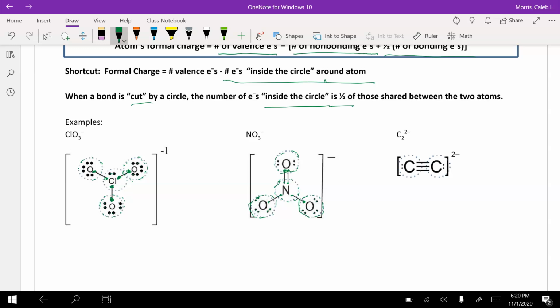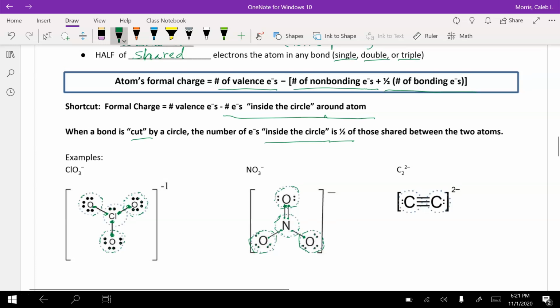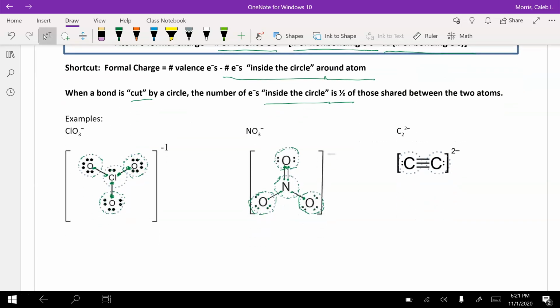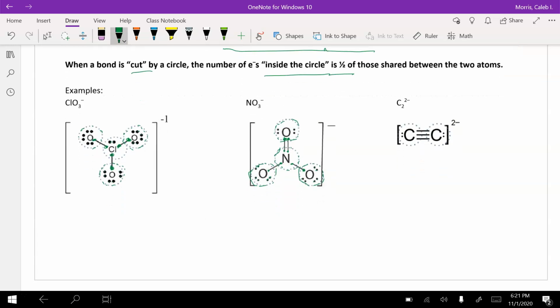So it's just a shorter way of finding the formal charge, which I think is a lot easier than this technical definition up here. It's the number of valence electrons that each of these has based on looking at the periodic table, looking at what group it's in, and then you subtract the number of electrons inside the circle. So if I was looking at chlorine in this first example, chlorine is in group 17 on the periodic table.